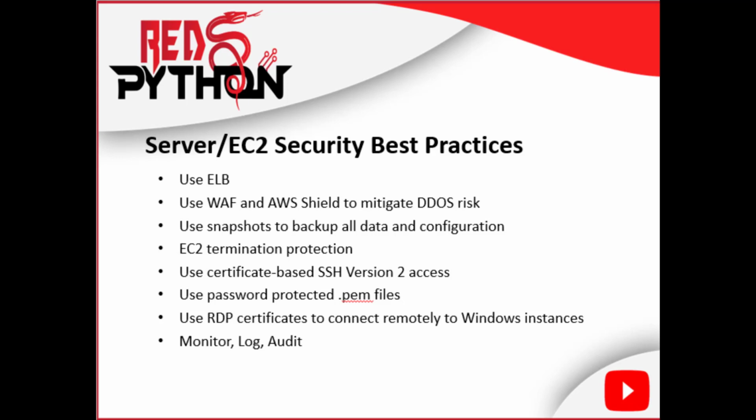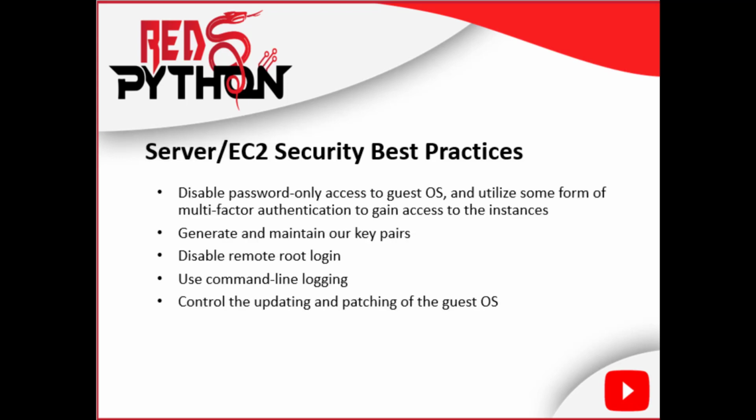Use certificates based on the latest SSH version available. Use password protective files. Use RDP certificates to connect remotely to Windows instances. And always, of course, monitor, log, and audit access.